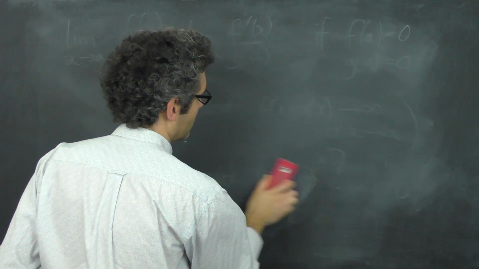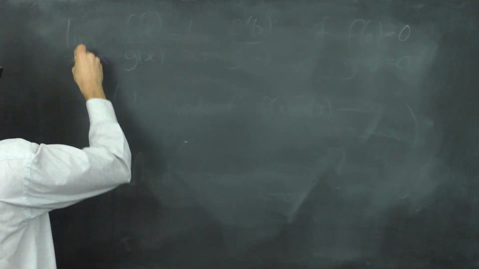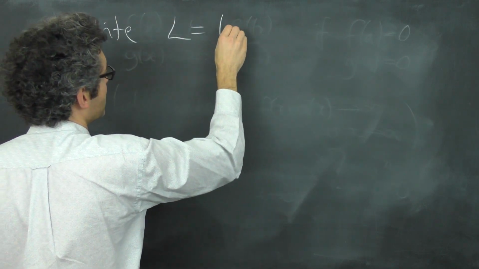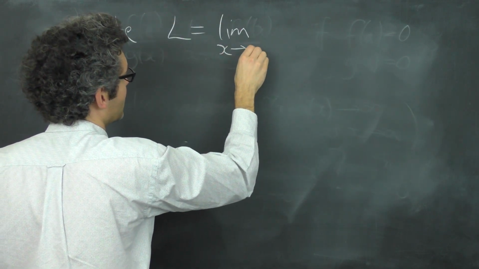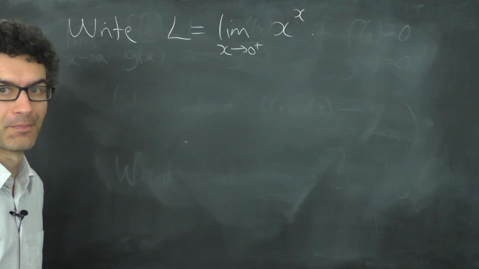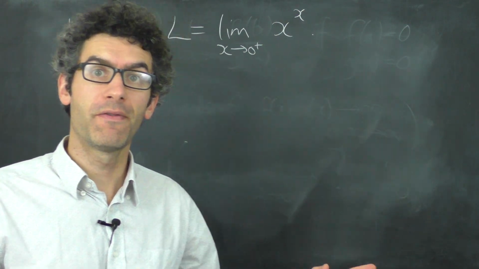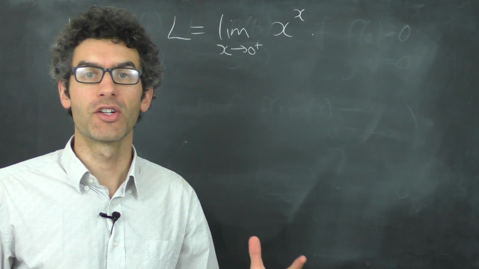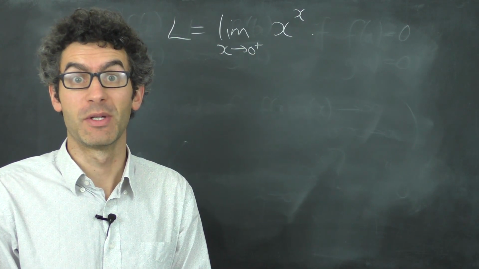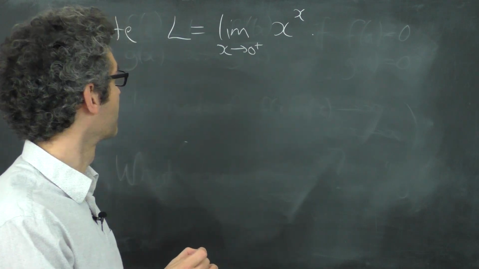So to get going, let's write L as this limit. So L is the limit as x tends to 0 from above of x to the power x. Now, the rough idea here is that we can take logs and transform everything into a form that L'Hopital's rule applies in.